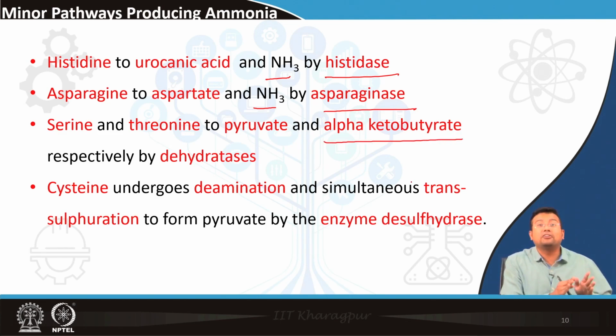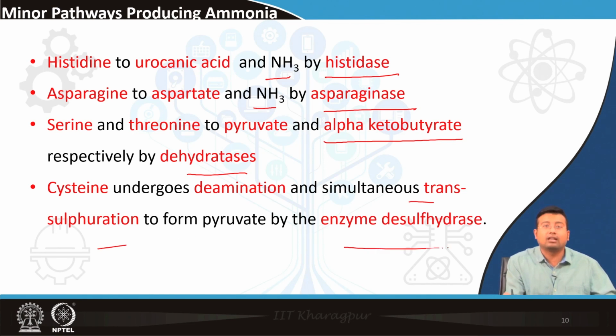We studied alpha keto glutarate, but this is alpha keto butyrate. Their respective dehydratase enzymes also produce ammonia. Cysteine undergoes deamination and simultaneously transsulfuration by the enzyme desulfhydrase. We showed this part in the last class, where we were discussing how the nitrogen skeleton of amino acids is removed.